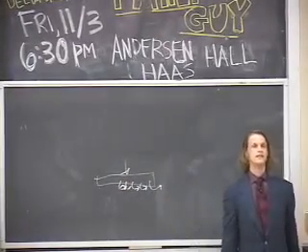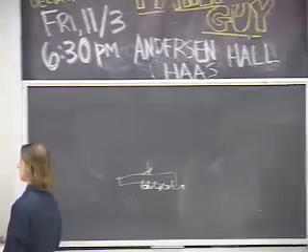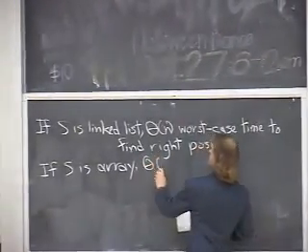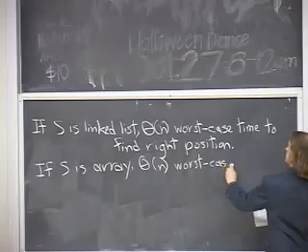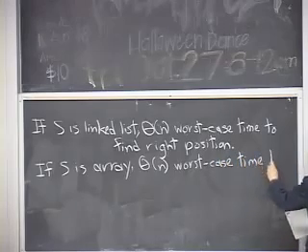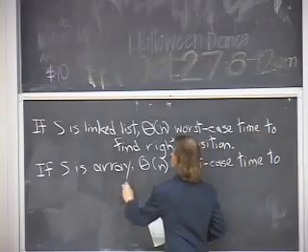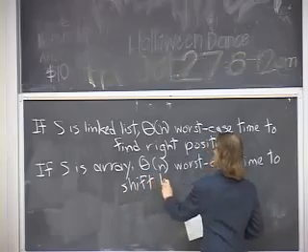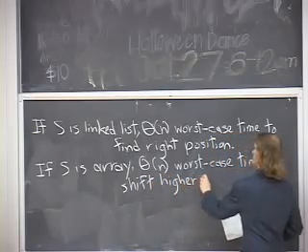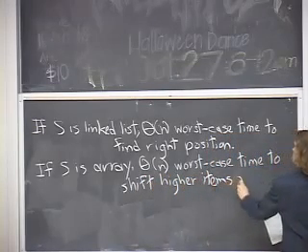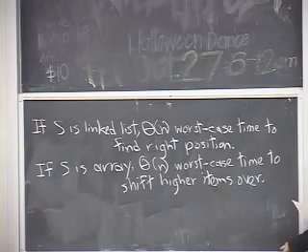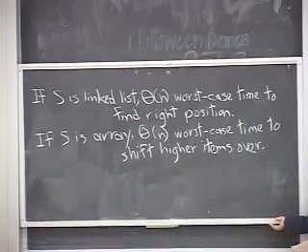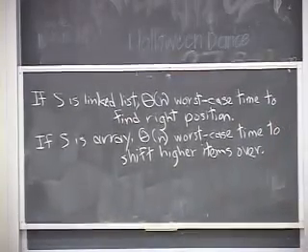So it still takes theta n time in the worst case. We can't win. So insertion sort takes n squared worst case time on both linked lists and arrays, but for two completely different reasons.